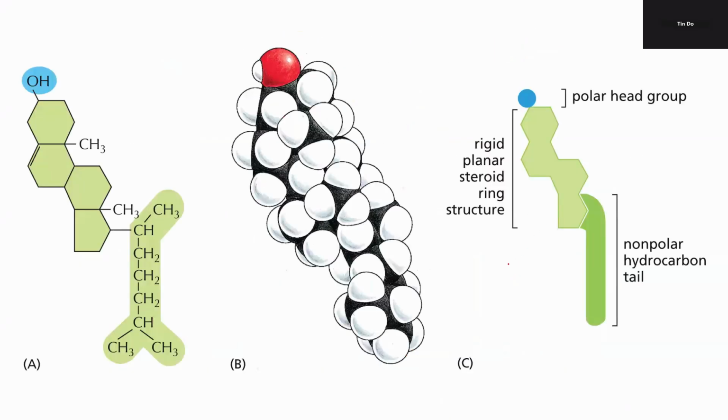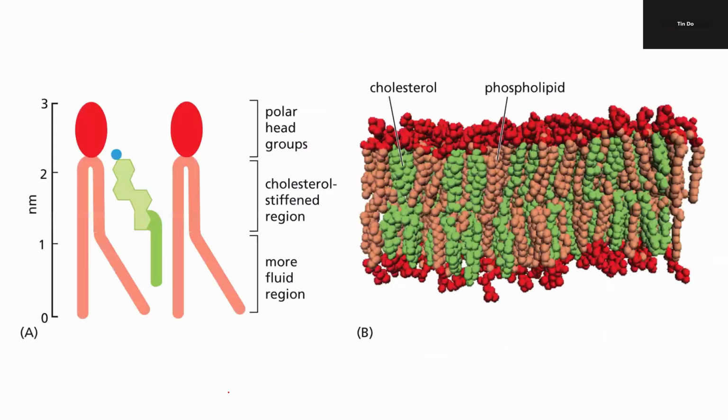Okay. So again, the shape of cholesterol, just recognize the shape. It's a four-membered ring. It is very similar to a single-chain fatty acid. There will be a polar region and a non-polar region right here. Again, that plays a big role.